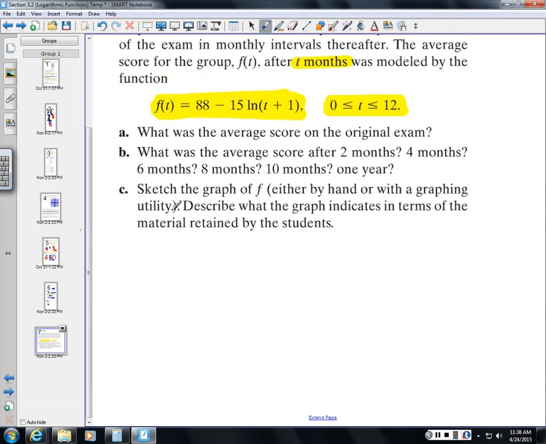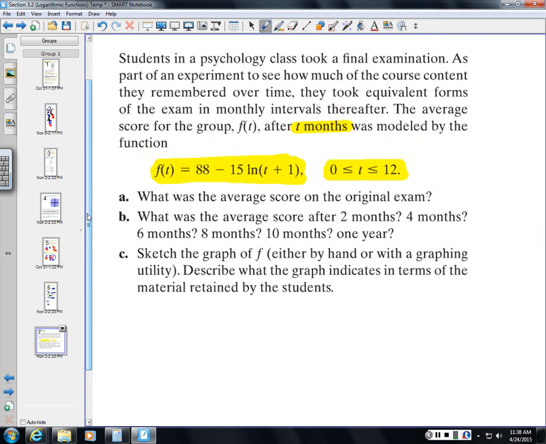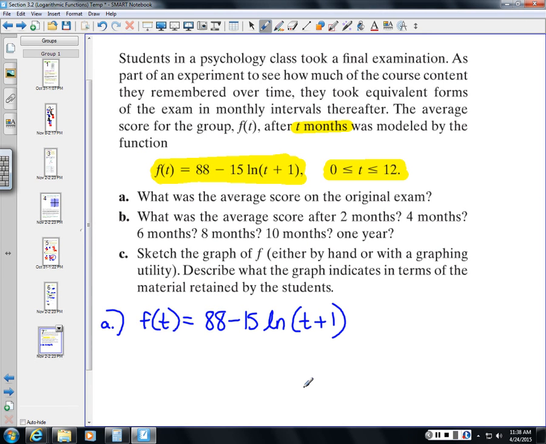All they ask us in this problem is, for part A, what was the average score on the original exam? So the model they gave us is this function, 88 minus 15 times natural log of t plus 1. They want to know what the very first average on the original exam was.